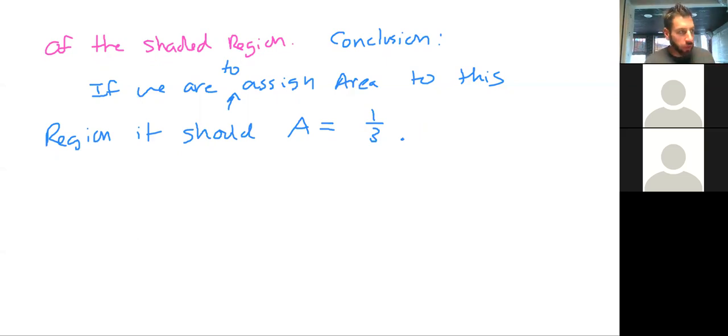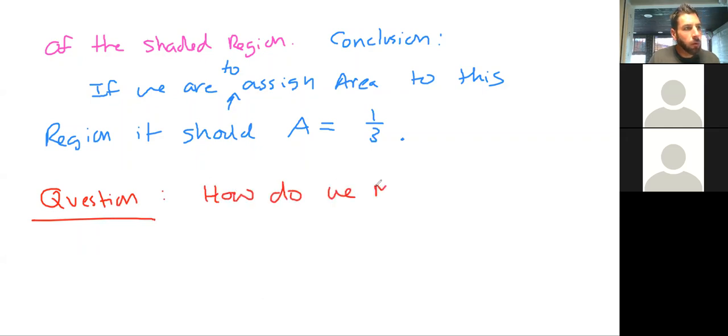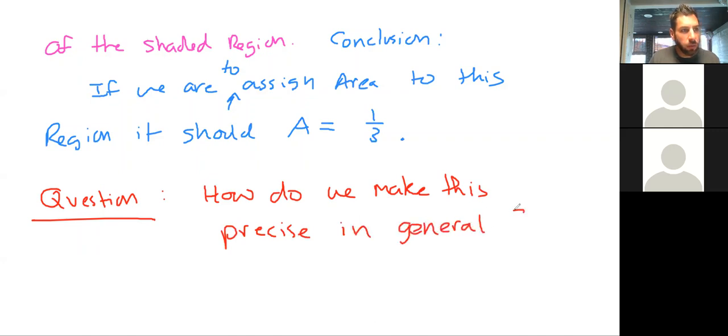Now we have a question, and that question is, how do we make this precise? In general, just because we had this nice construction for a particular function in a particular region in the plane, how do we guarantee that this will work in general?